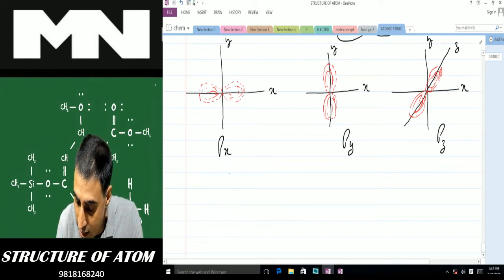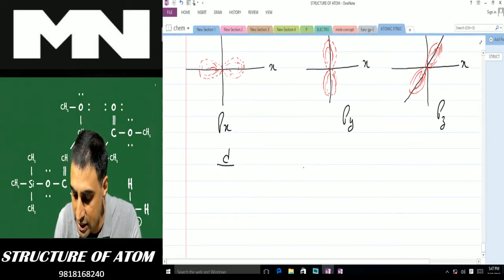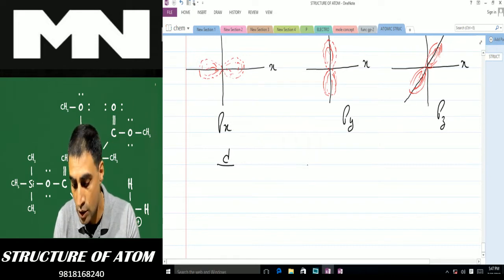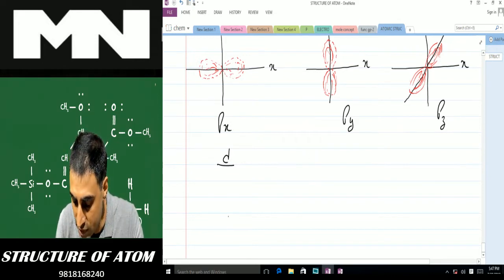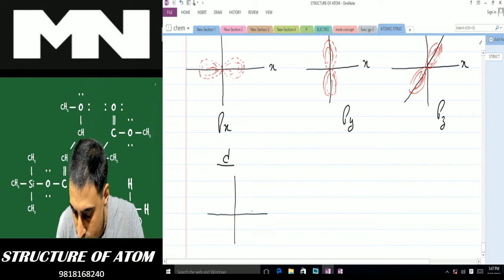Well, in case of d subshell, we have 5 orbitals. And d subshell is also made up of dumbbells, but we have 2 dumbbells. So it is doubled. First I'll draw the axis for you. Suppose x, y.